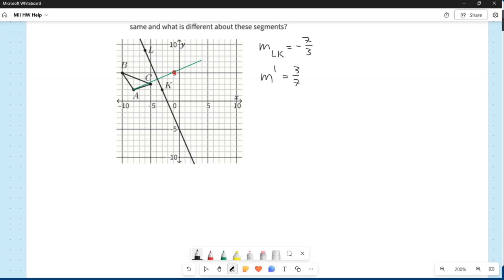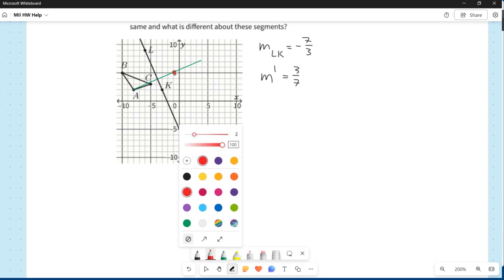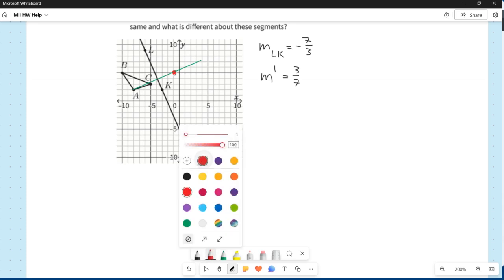So what that means is we need to start at A and look at how far we go before we intersect line LK. From A, I'll do this in purple. I'll use more colors this time. From A, I want to get to my point of intersection, right there.